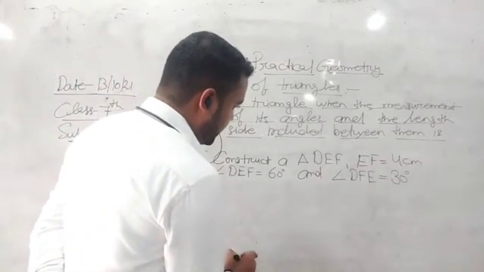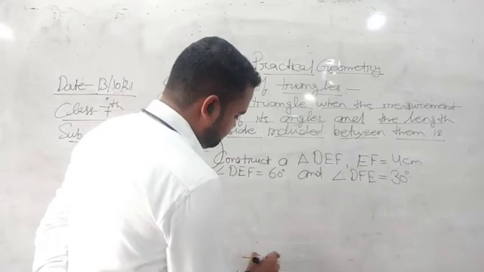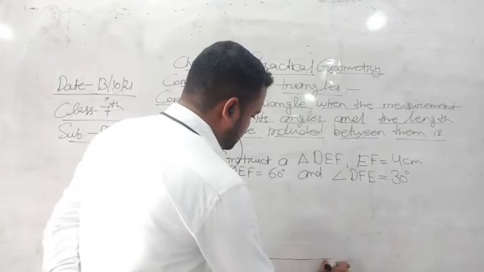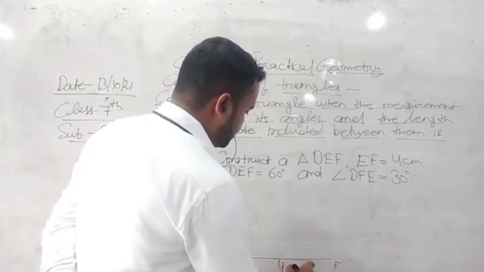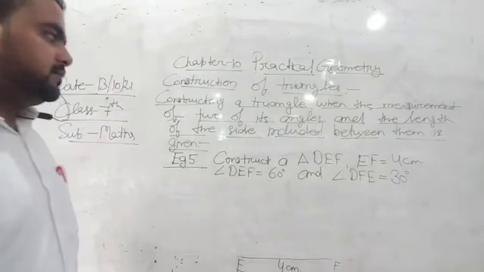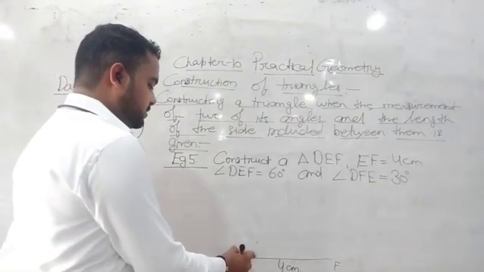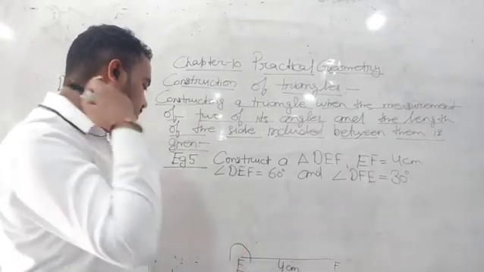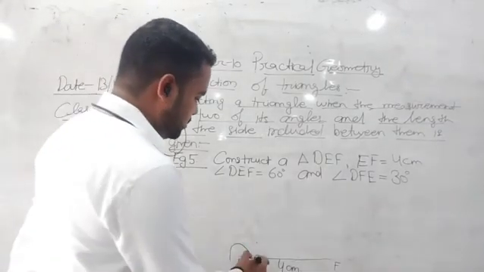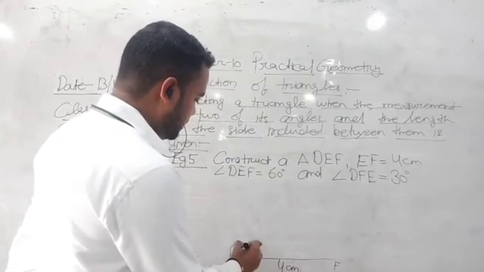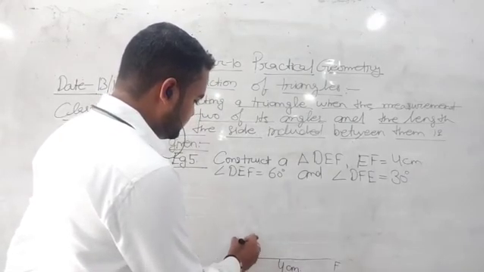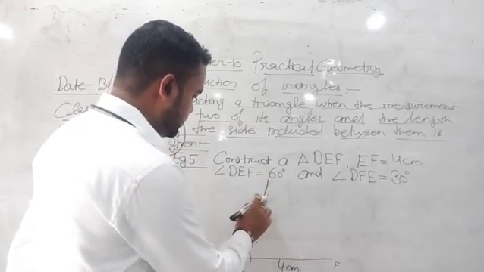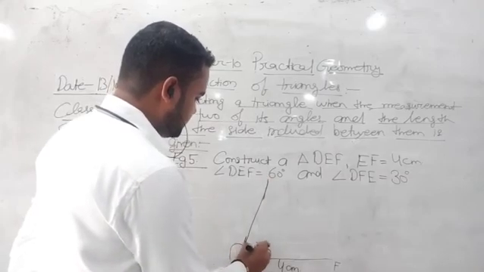First, we have to draw the line segment here. The measurement of EF is 4 centimeter, and from point E as the center and with a suitable radius, draw an arc, and with the same radius put the point of your compass here and cut an arc here. Here by joining these 2 points, here is your angle of 60 degree.